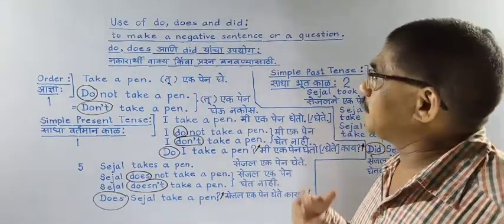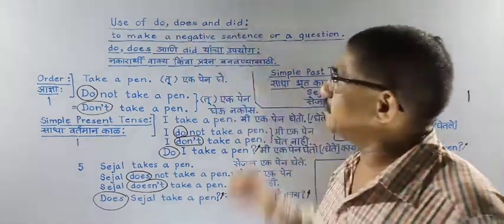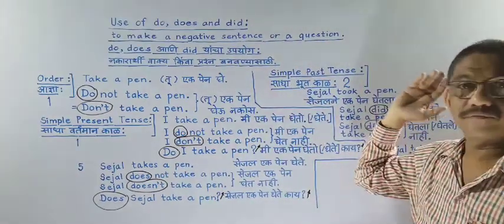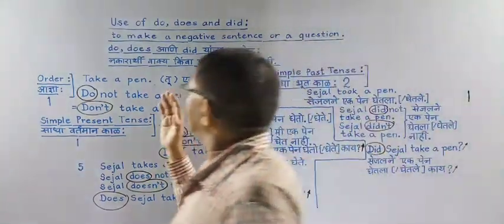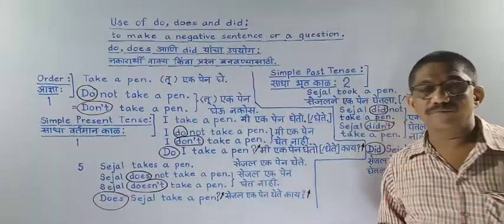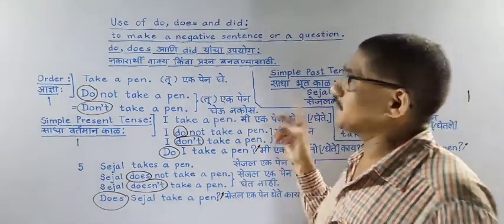Now we are going to understand the use of do, does, did to make a negative sentence or a question. That is, as one helping verb, how do we use do, does and did?